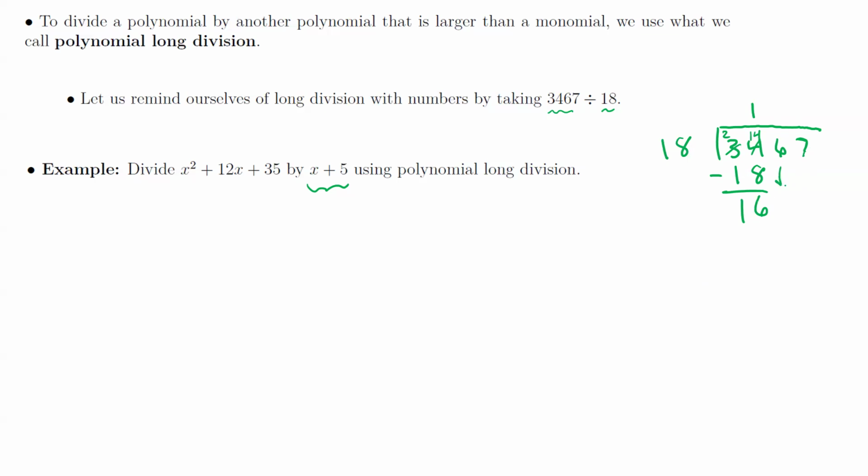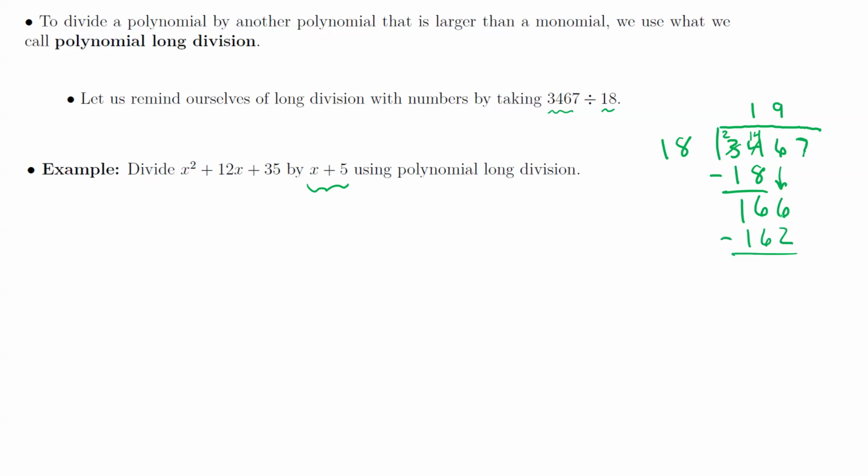And then you'll recall that you drop the next digit, a 6, and then you say, how many times does 18 fit into 166 evenly? This time it fits in a lot. Fits in 9 times. And so you do 9 times 18, and 9 times 18 is 162.